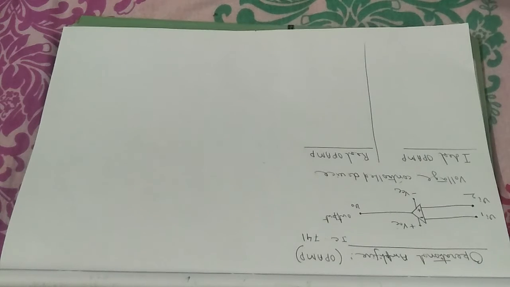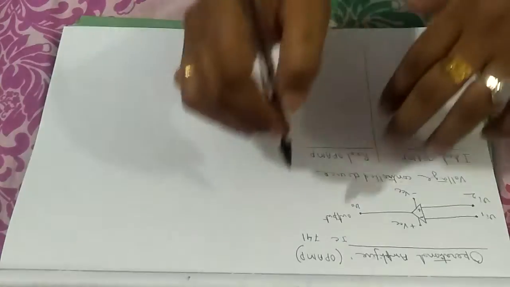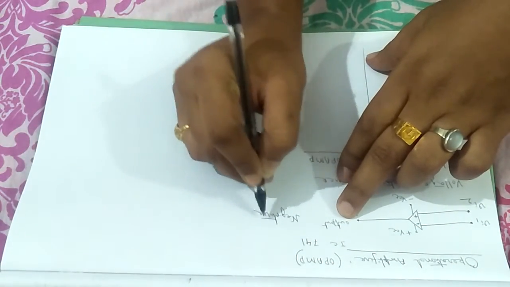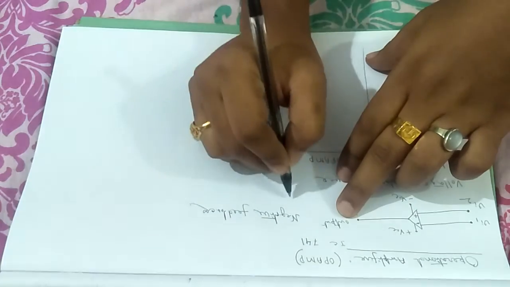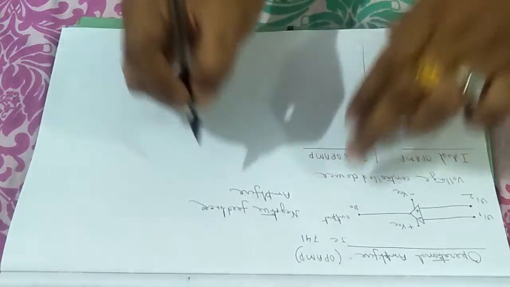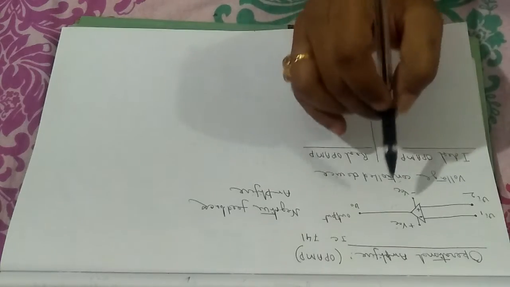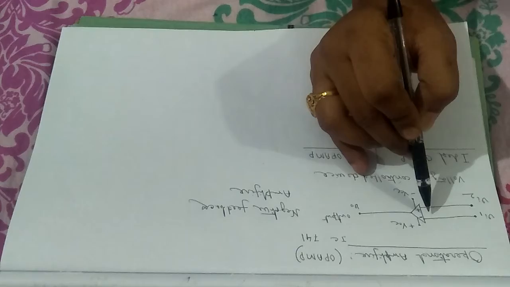The first point will be its open loop voltage gain. Op-amp is one type of feedback amplifier. Op-amp is a negative feedback amplifier. What does it mean, negative feedback amplifier? And what does it mean by feedback amplifier? Feedback amplifier is a particular device where you are using a part of the output again to feed in the input.